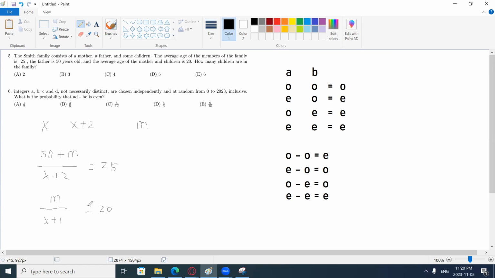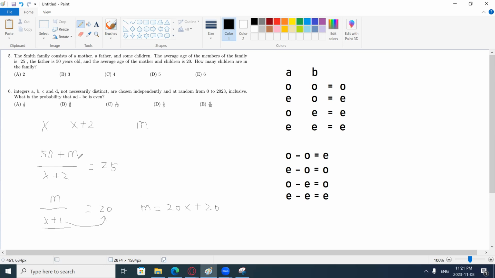Then we're able to use this equation to get M is equal to 20x plus 20, by multiplying the x plus 1 on both sides.